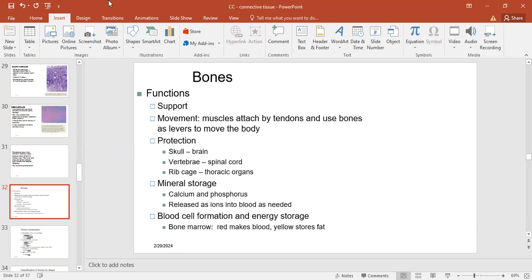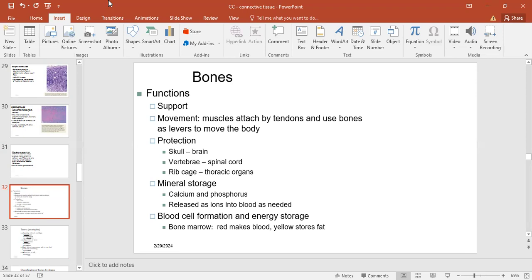And then we went ahead and classified connective tissue into 3 major types. The first one is connective tissue proper, the second one is mucoid connective tissue, also known as embryonic connective tissue, and the third one is specialized connective tissue.